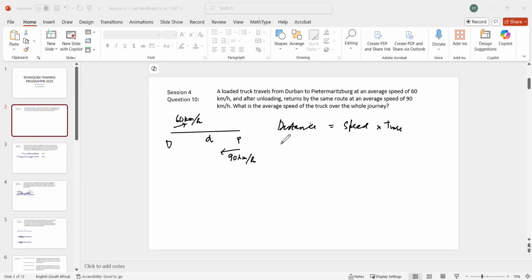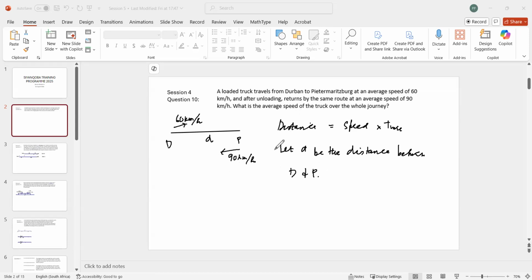Let's suppose that d is the distance between Durban and Pietermaritzburg. So then, what is the question? What is the average speed of the truck for the whole journey?